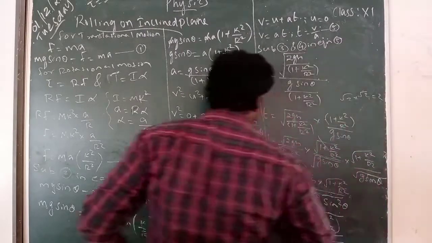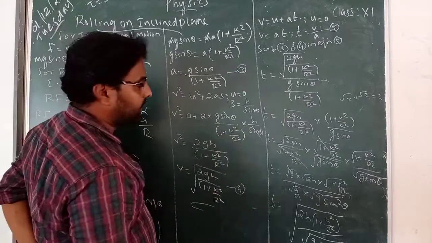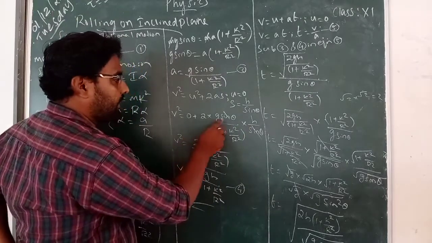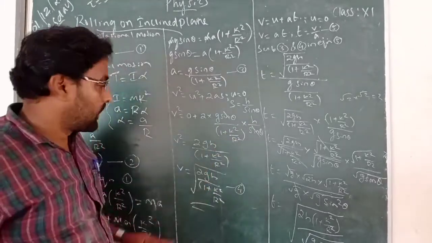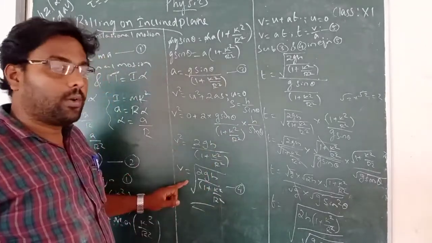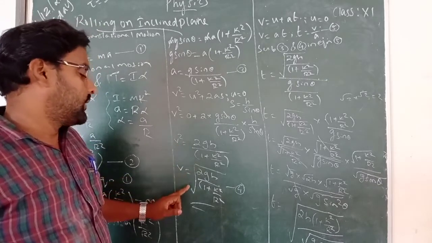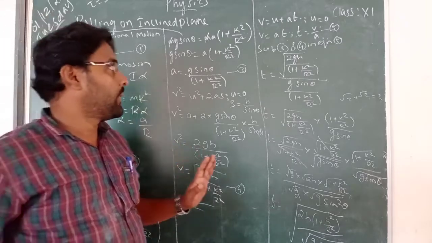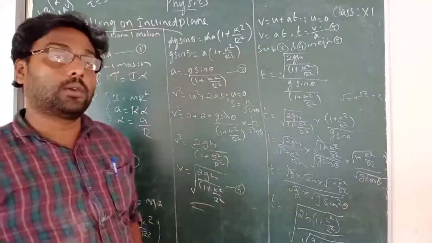Now you see this h by sin theta is there, sin theta is getting cancelled. Now 2gh by 1 plus k square by R square. From this you can find out v. So v square is equal to this, which means v is equal to root of 2gh divided by 1 plus k square by R square. So we got the velocity.